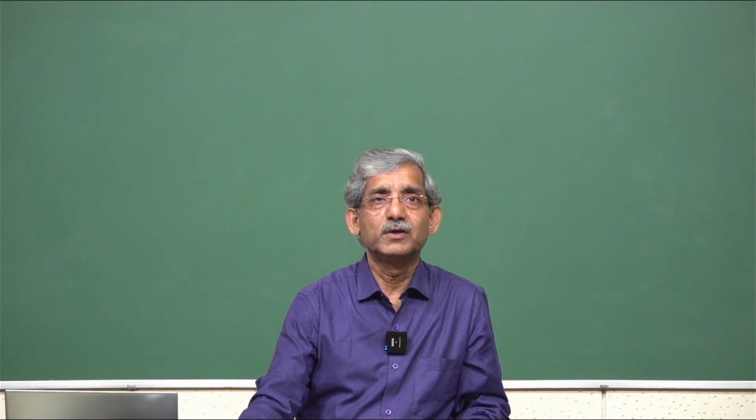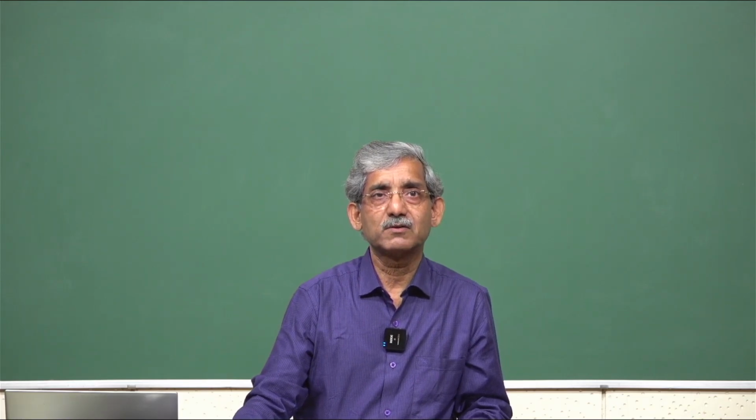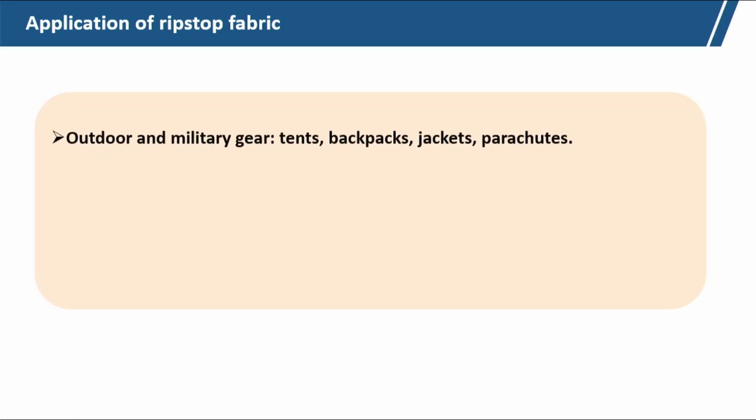Now, if we see the applications of ripstop fabrics, mainly these fabrics are used for protective textiles, outdoor or military gear, tents, backpacks, jackets, parachutes, where chances of tear are there. In backpacks, it is very commonly used as backpack fabric.